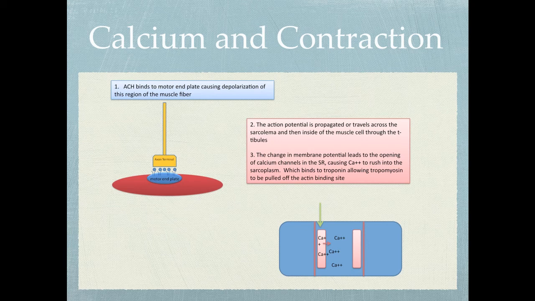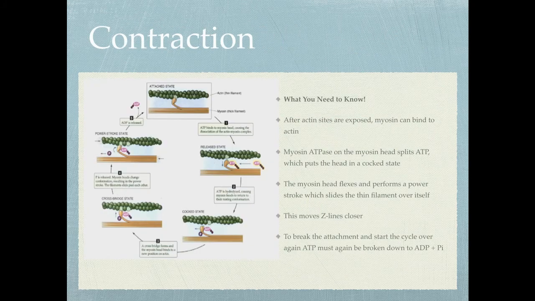Now, myosin can bind to actin, and it slides it over itself. Here's a look at what happens. You see at the top, you have the attached state of myosin to actin. Myosin has an enzyme called myosin ATPase. That breaks ATP, which cocks the head back.